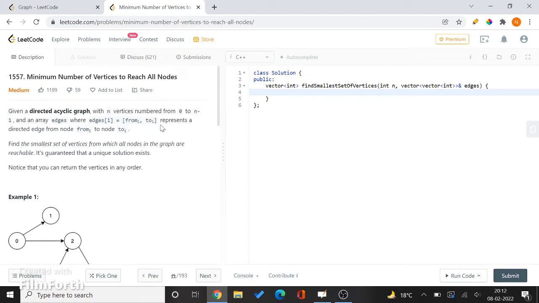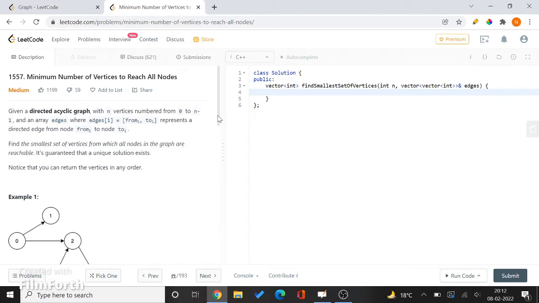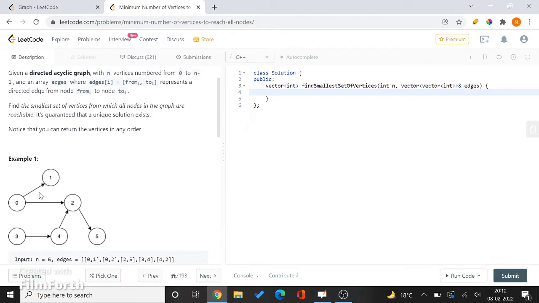So what we have to do is find the smallest set of vertices from which all nodes in the graph are reachable. Basically you will always have a solution that will be unique every time, and you need to find a certain set of vertices. If we combine them together, then we are able to reach every node in this graph.